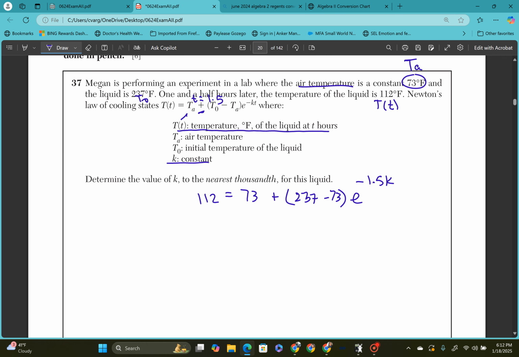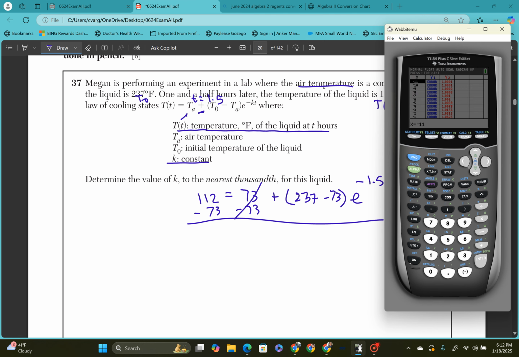It does not tell me to do this algebraically, so I could go y1, y2, and figure that out. But if you want to do this algebraically, let's subtract 73 from both sides. This cancels out. So 112, let's go to our calculator here. 112 minus 73 is equal to 39.